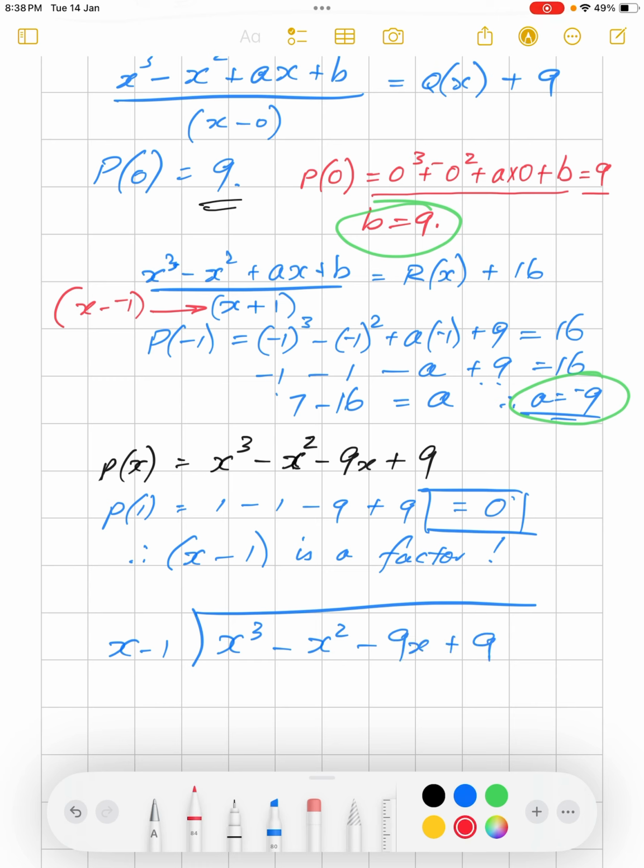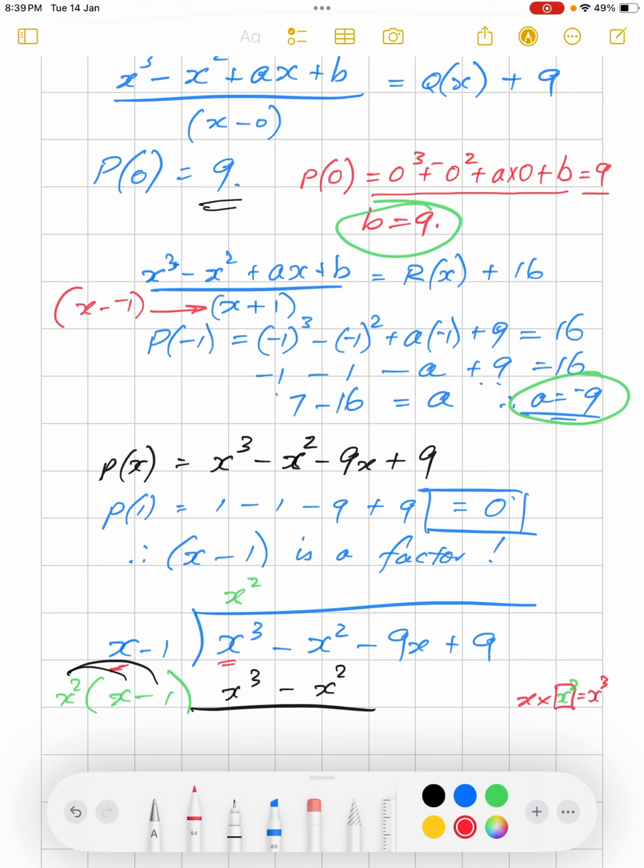So x times what is equal to x cubed, and that's x times x squared. So we put an x squared, and let's multiply by x squared. That's x cubed minus x squared. And then we subtract.